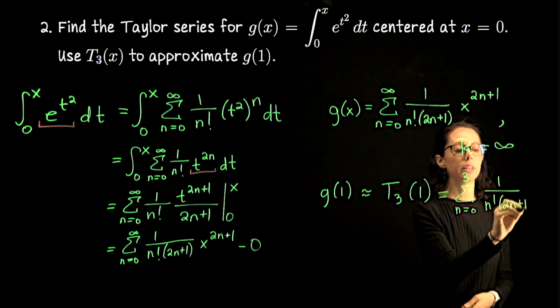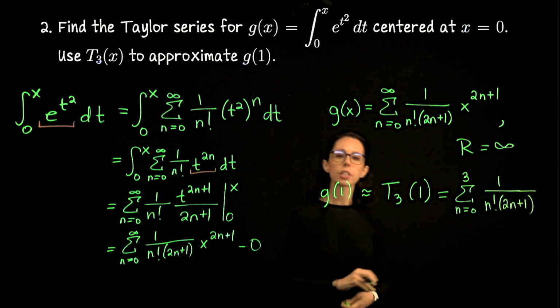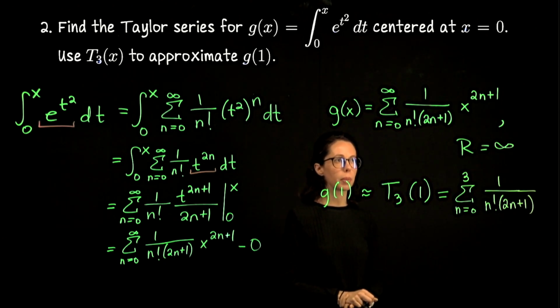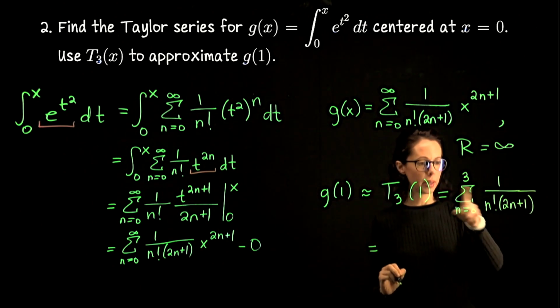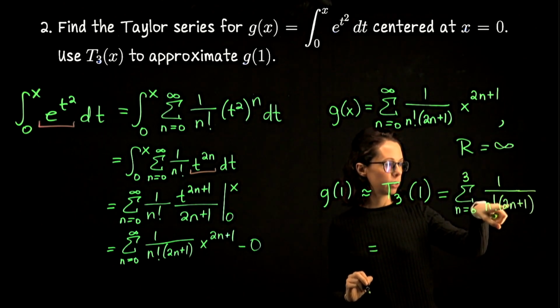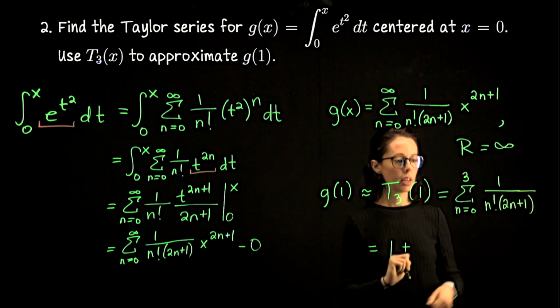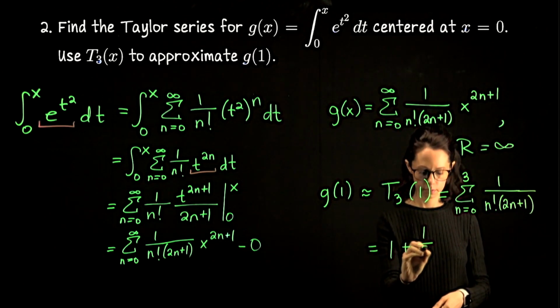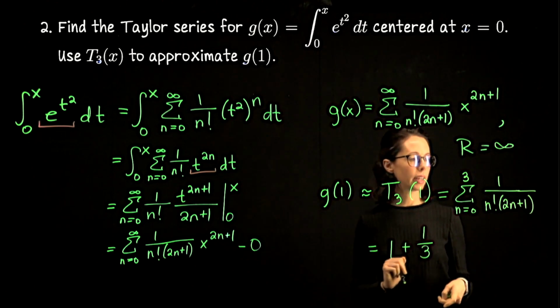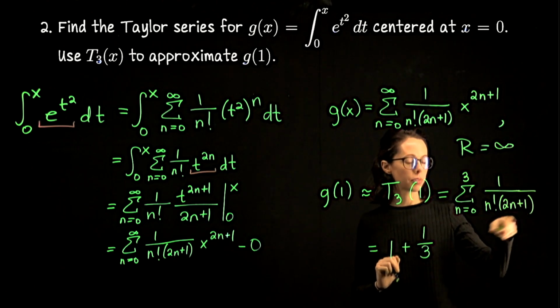So that means that we're really just looking at adding up the first few coefficients, since 1 to the 2n plus 1 is 1. So T sub 3 of 1 is going to be, if you plug in n equals 0, you get 1. Plug in n equals 1, and we get 1/3. Then plug in n equals 2, you get 2 times 5, so 1/10.